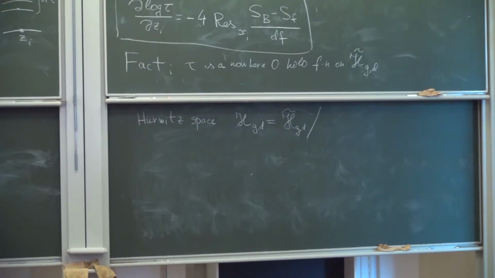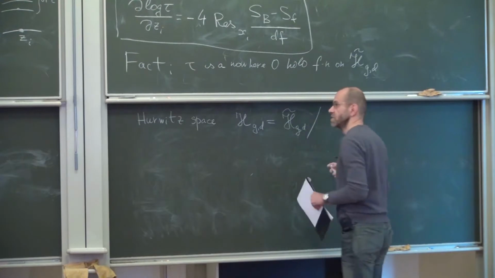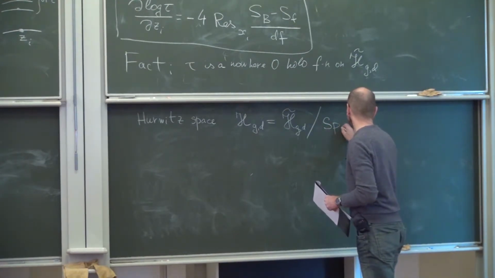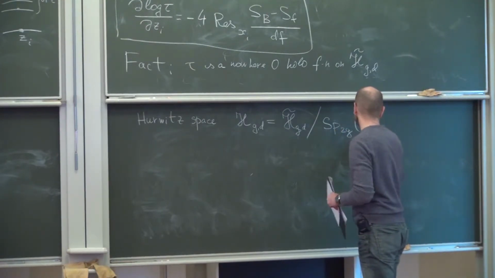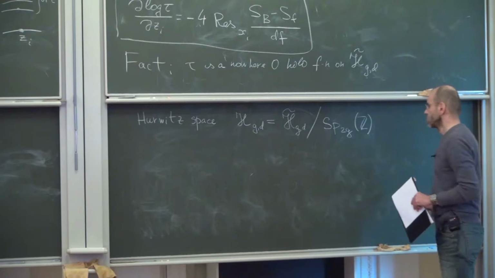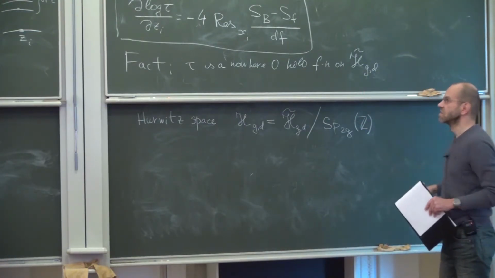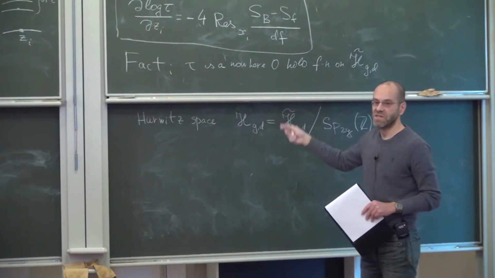The first of these two groups that act naturally on this space is the symplectic group, the group of integer symplectic matrices of size 2G by 2G. That's the group that takes one basis into another.